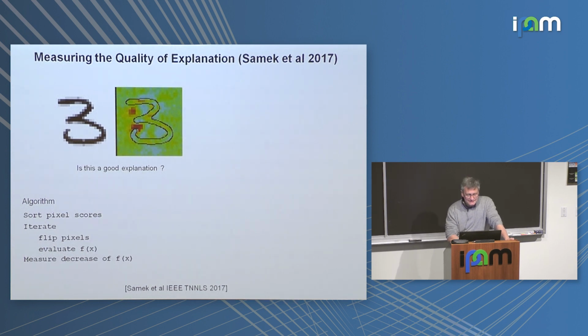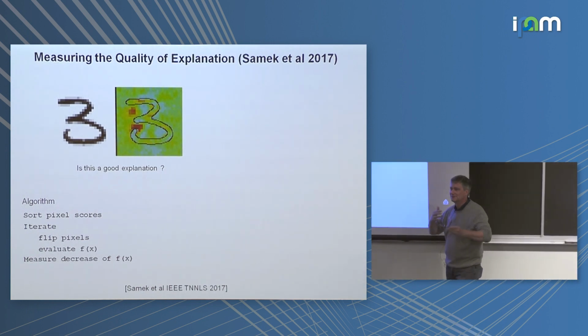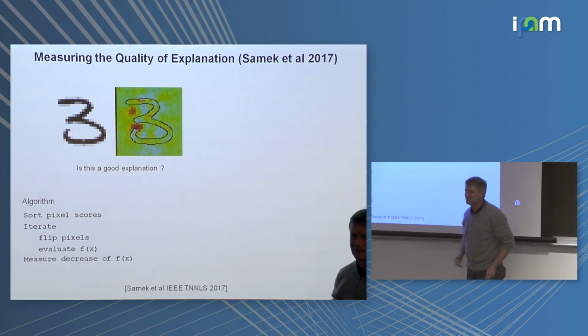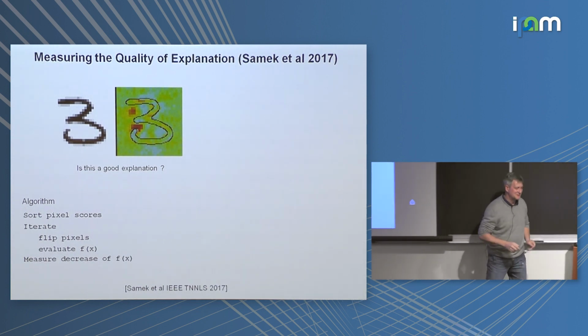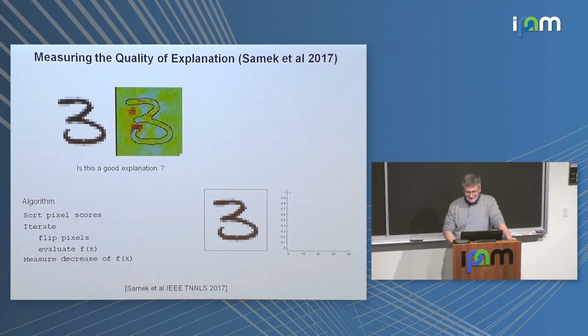And the idea is to take the pixels that are speaking mostly for something or against something, and we change them one by one, and then we see how the classification breaks down. Already in the video you could see how the classification switches, right? Depending on what features are looked at. So here are pixels that we exchange, okay?